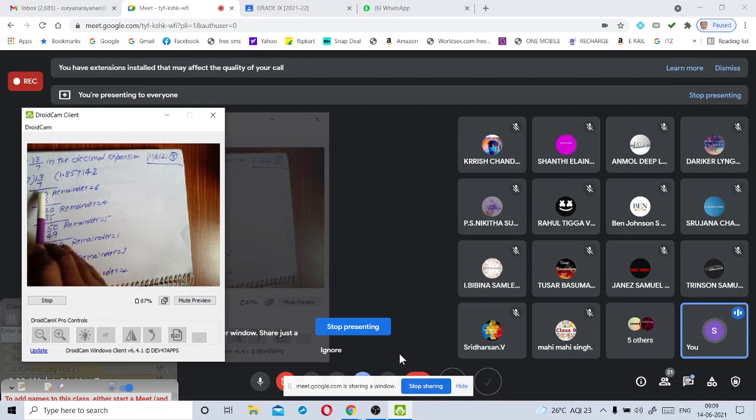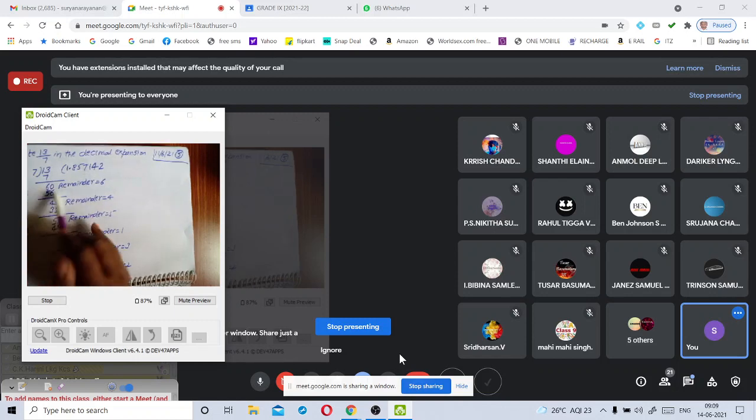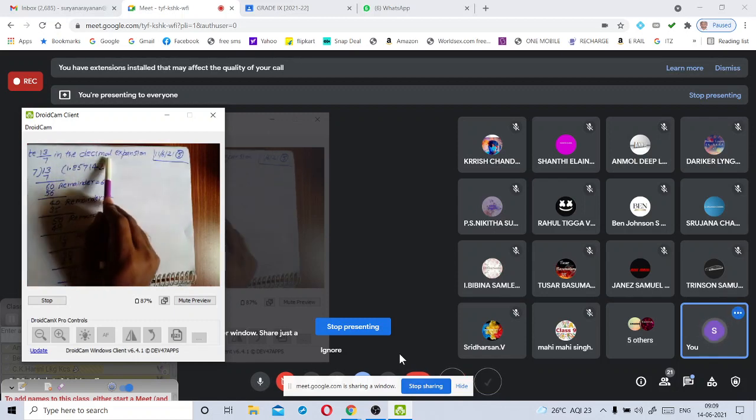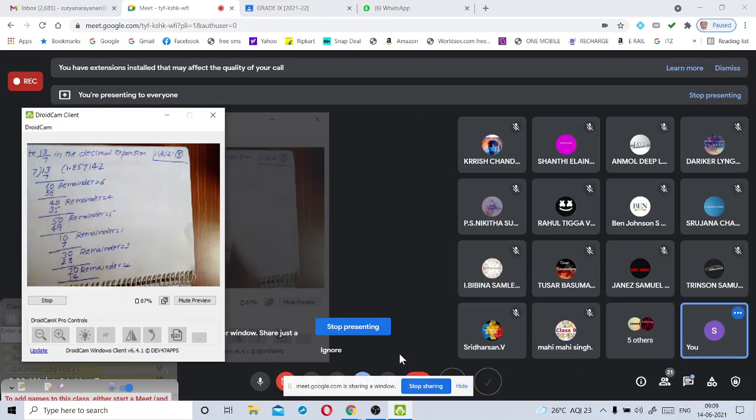Below 6 0 7 8s. Yes or no? So from this number 8 we had to keep all these digits under bar symbol. Got this point, my dear children? Yes, sir.